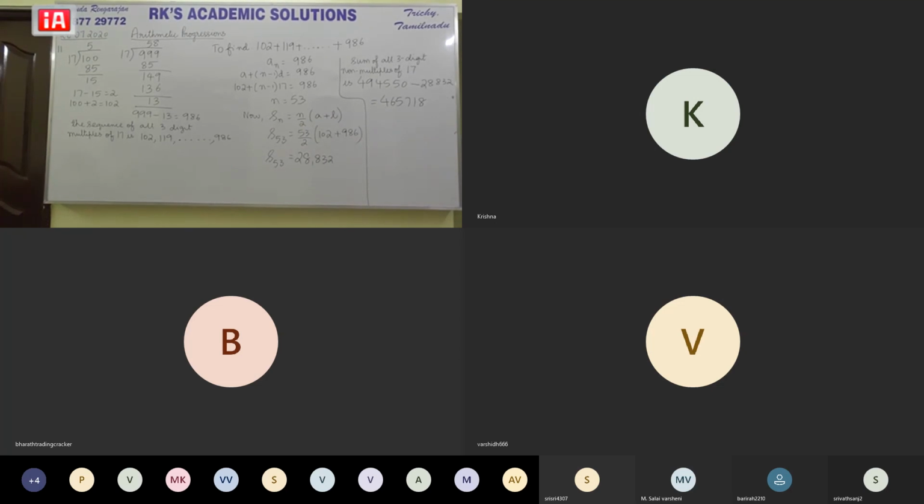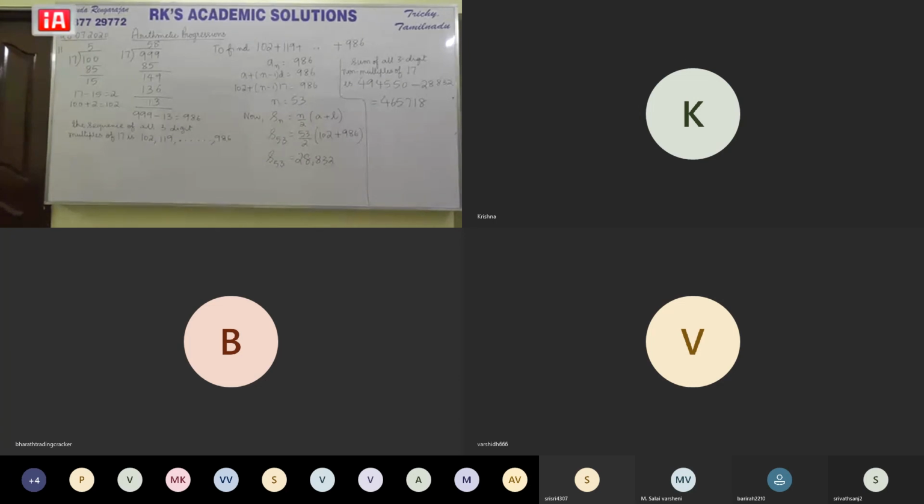Using these numbers, we find the sequence. After generating the sequence, you have to go up to the last term. Using the last term, you need to find the number of terms in the sequence. That's very important. After that, you'll have to find the sum of all the terms in the sequence.